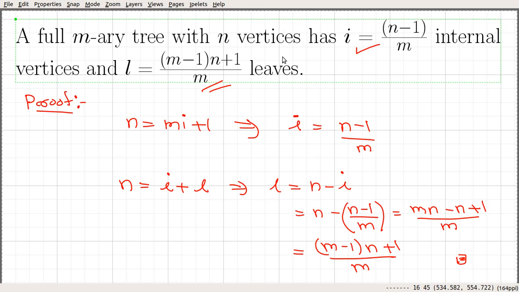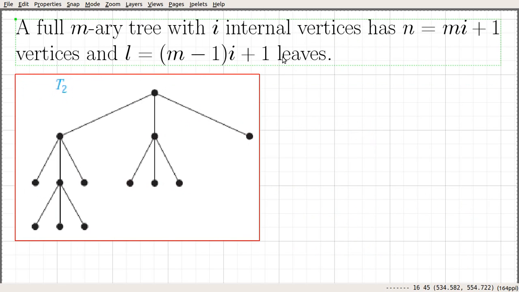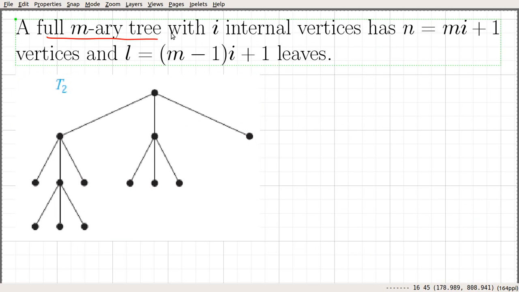So let's look into some more properties. This says a full m-ary tree with i internal vertices has mi plus 1 vertices and (m minus 1)i plus 1 leaves.